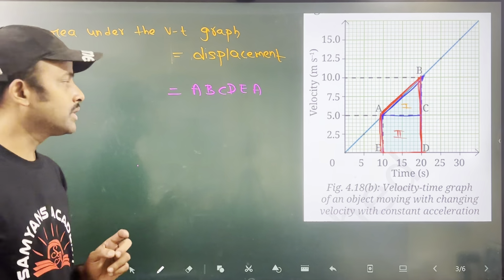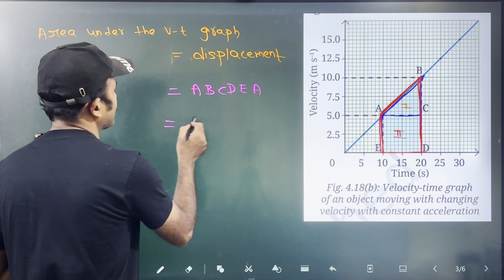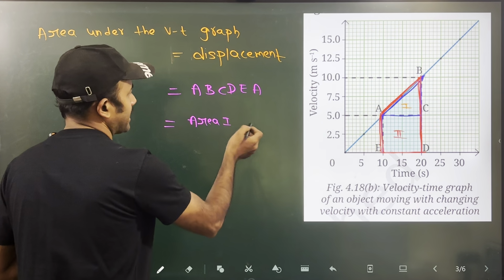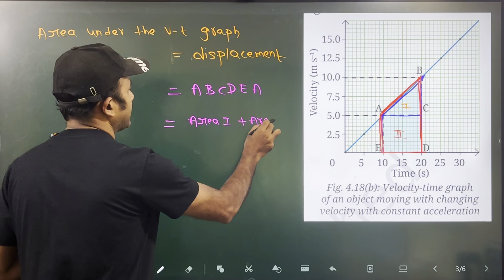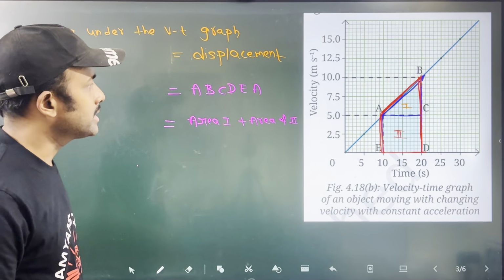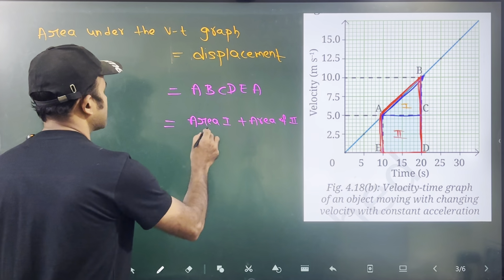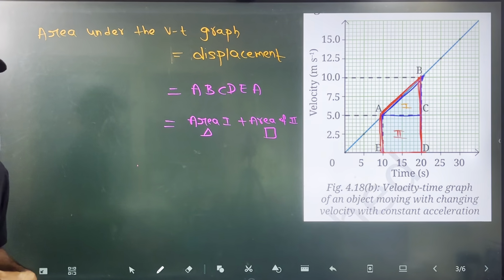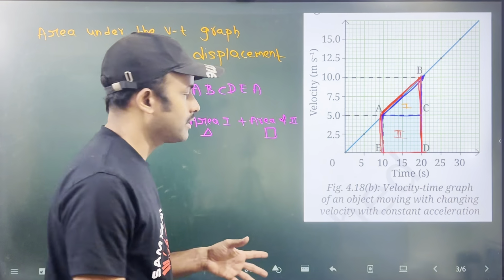Okay, this total area we can classify as two: area 1, area of triangle, plus area 2, area of rectangle. So 1 indicates the triangle and 2 indicates the rectangle. What is the area of the triangle?